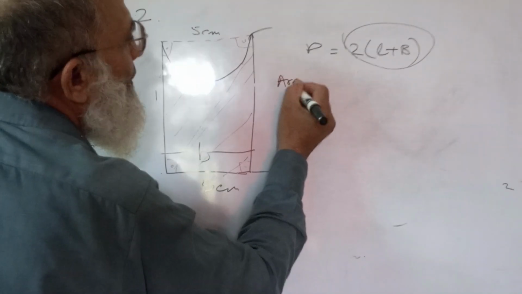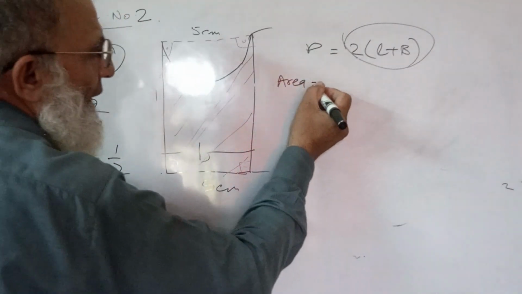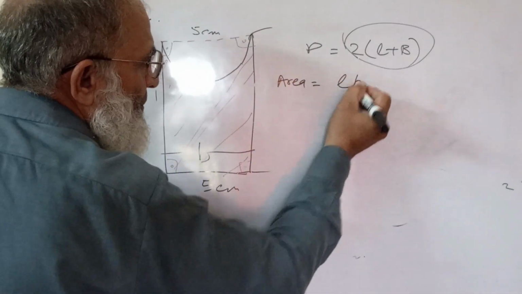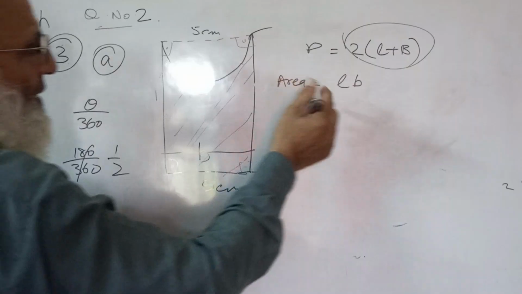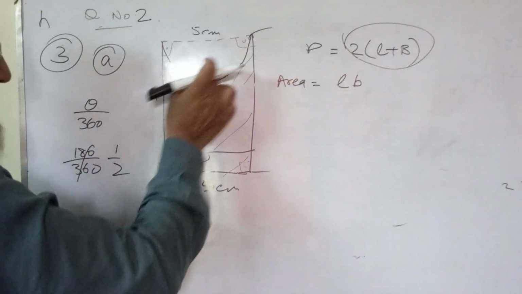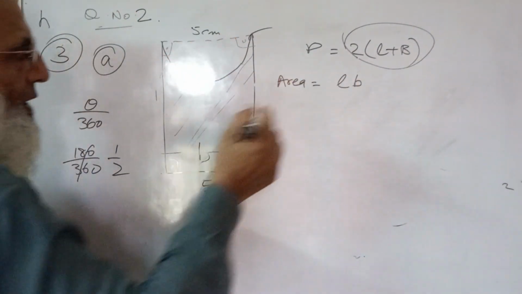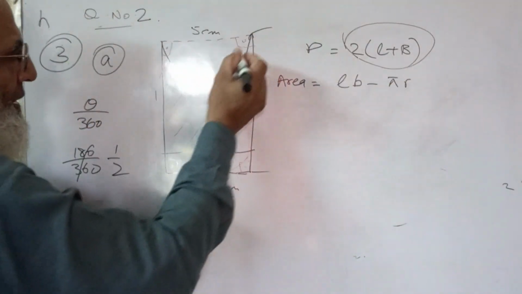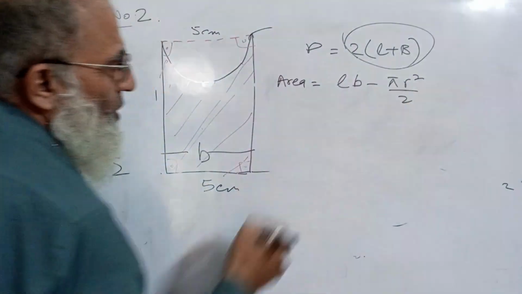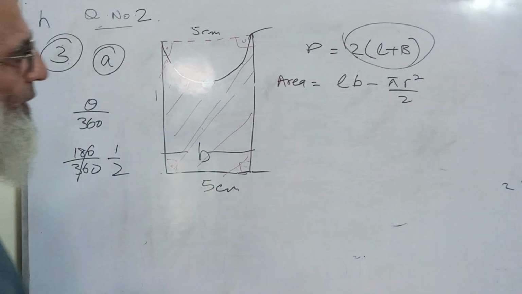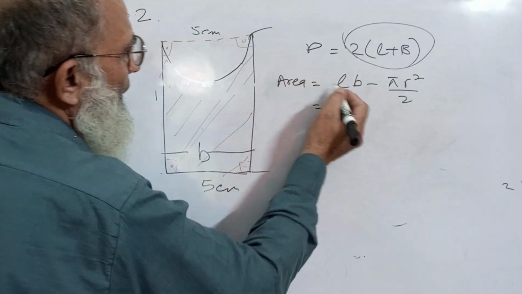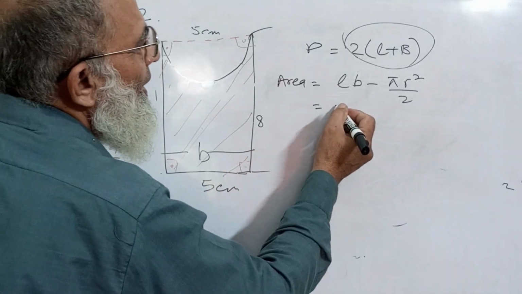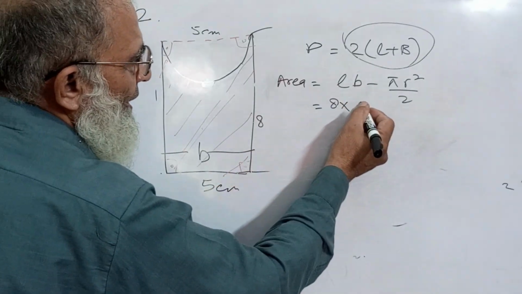Area of rectangle is length multiplied by breadth, and we'll subtract the area, pi r square divided by 2, of this semicircle, because this is a semicircle. L is equal to 8, yes, 8 multiplied by 5.